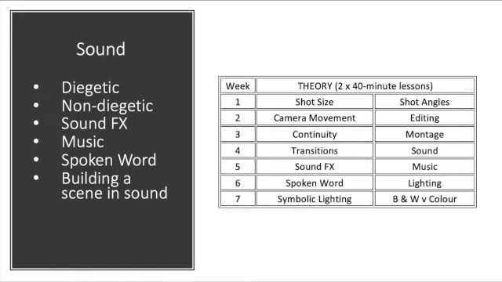And we look at spoken word, so we look at dialogue and voiceovers and things like that in a film. And then we explore how all this goes into building a film scene and how you can use sound to help build a film scene.